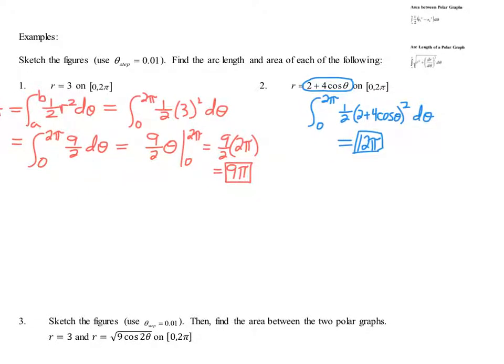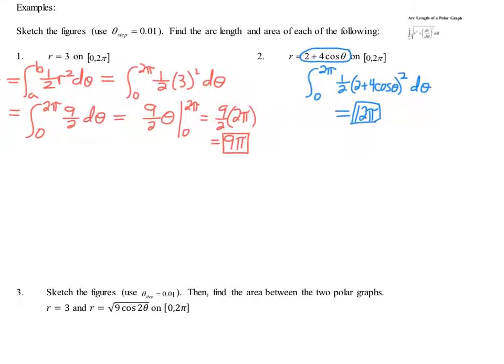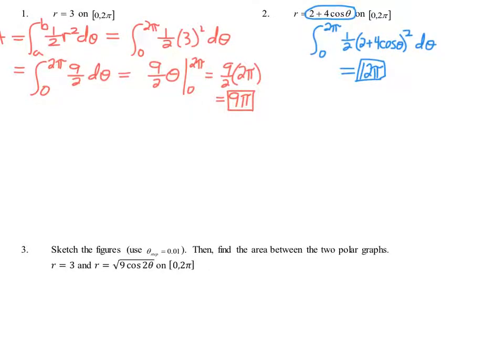All right. Yeah, so we'll just focus on areas for now, because again, we're in a groove for that. So the last one I wanted to do today is the area between two graphs.